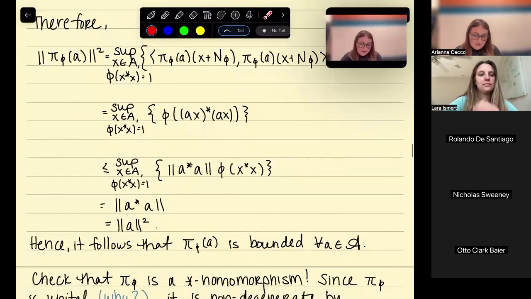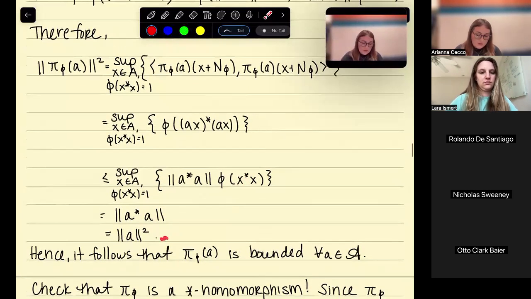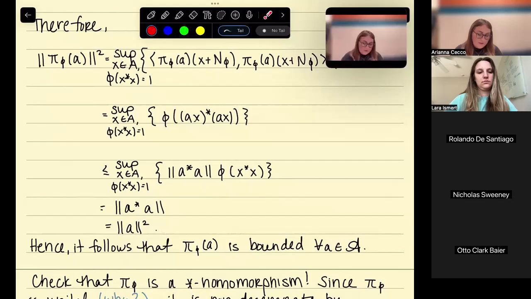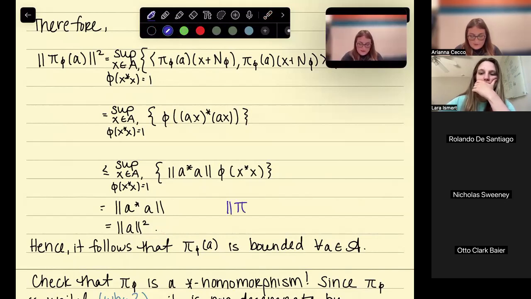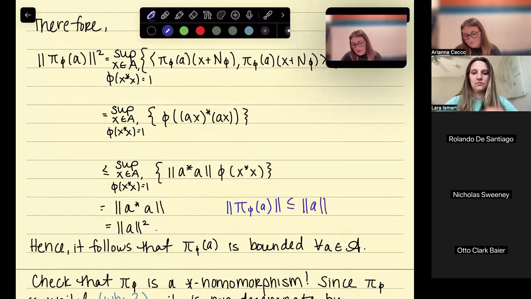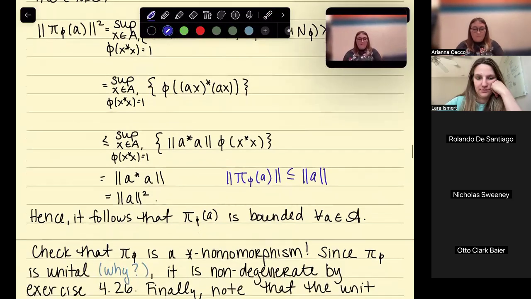And then this is just equal to 1, so really we're just taking the supremum over a constant, so we just bring it down. And then we know from the C star identity that it's equal to the norm of A squared. So taking square roots, you get that the norm of pi sub phi of A is less than or equal to the norm of A. So this is going to be bounded.